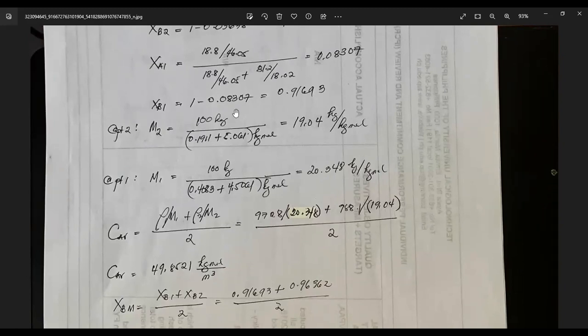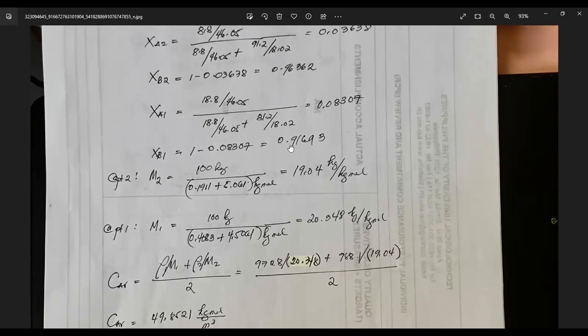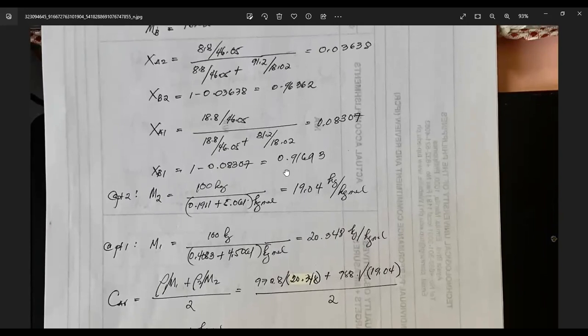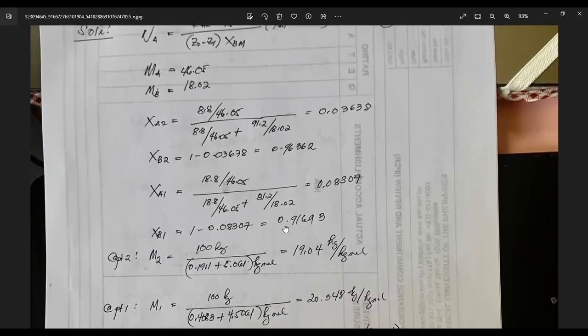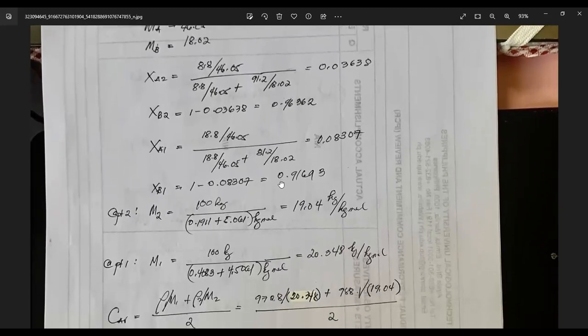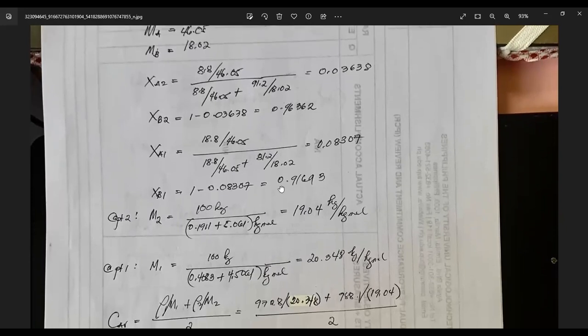So this is the mass, of course, divided by the mole fractions of these two. So in the case of point 2, you have 0.1, where is that point? 1911 and 5.01. So this is kilogram per kilogram mole.